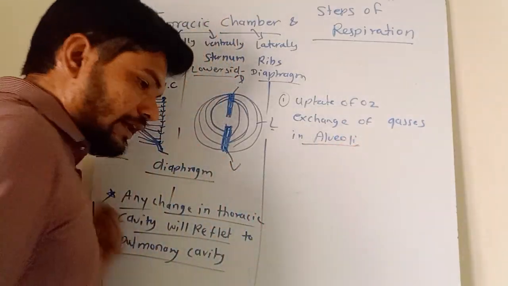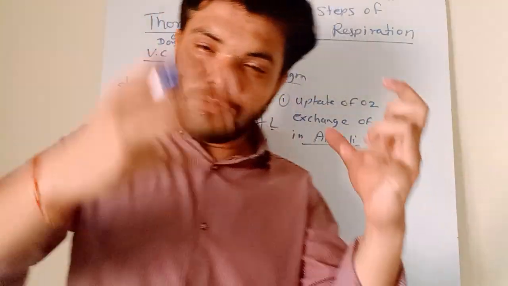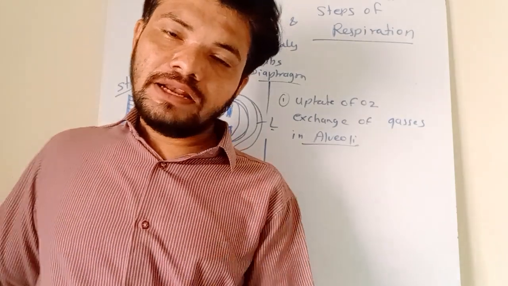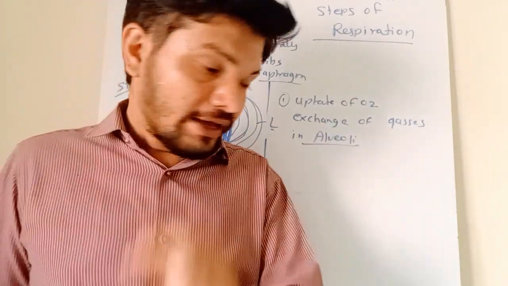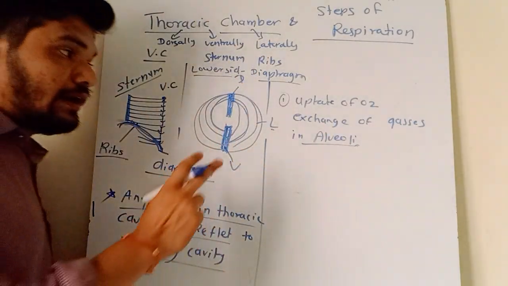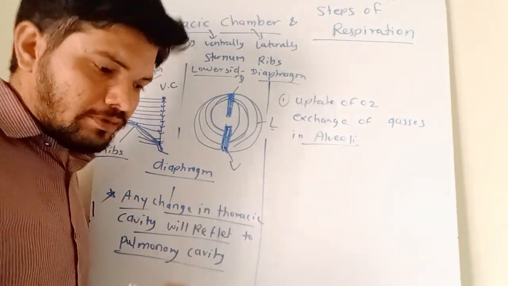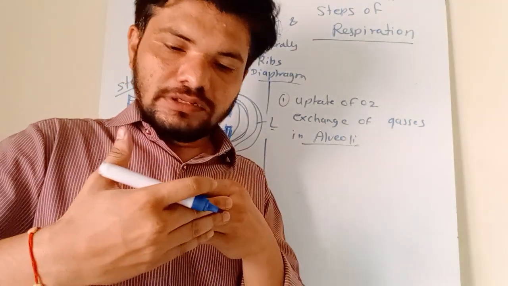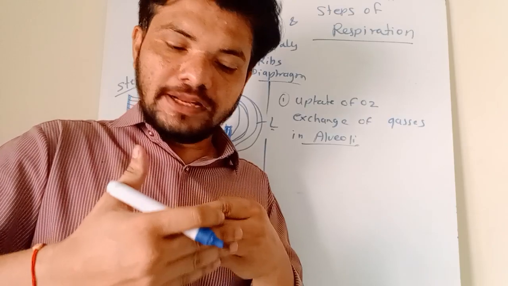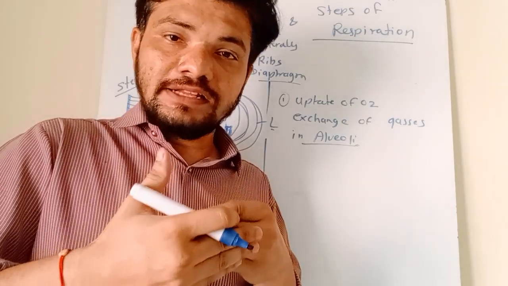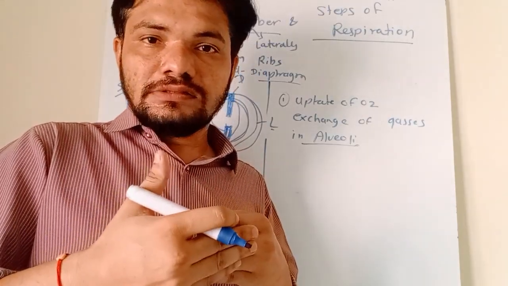We all know that from the conducting part, ultimately your oxygen reaches your alveoli, and then the alveolar membrane, because it is very thin, is present in close contact with the capillaries present inside the lungs.